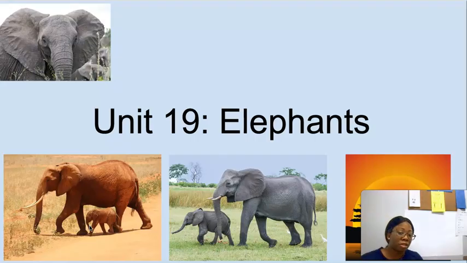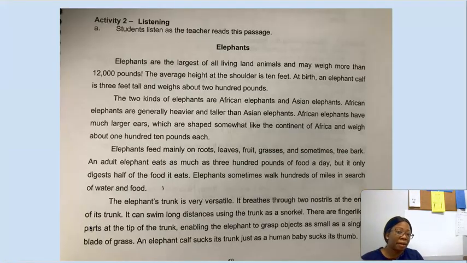All right, so we have our pictures of elephants right here. Now, what is the largest living land animal? I think an elephant. Right, so we read that the elephant is the largest living land animal. And what are some things that elephants eat? They eat leaves.